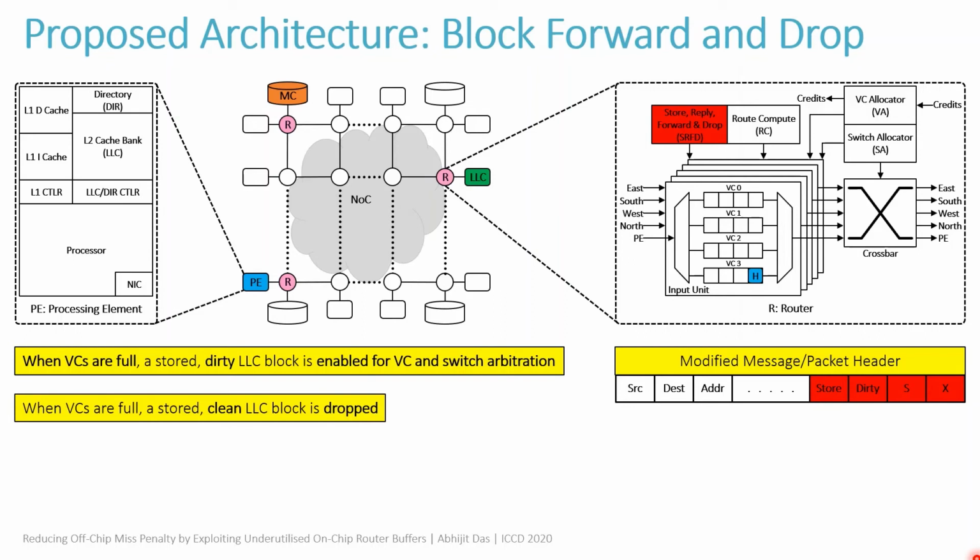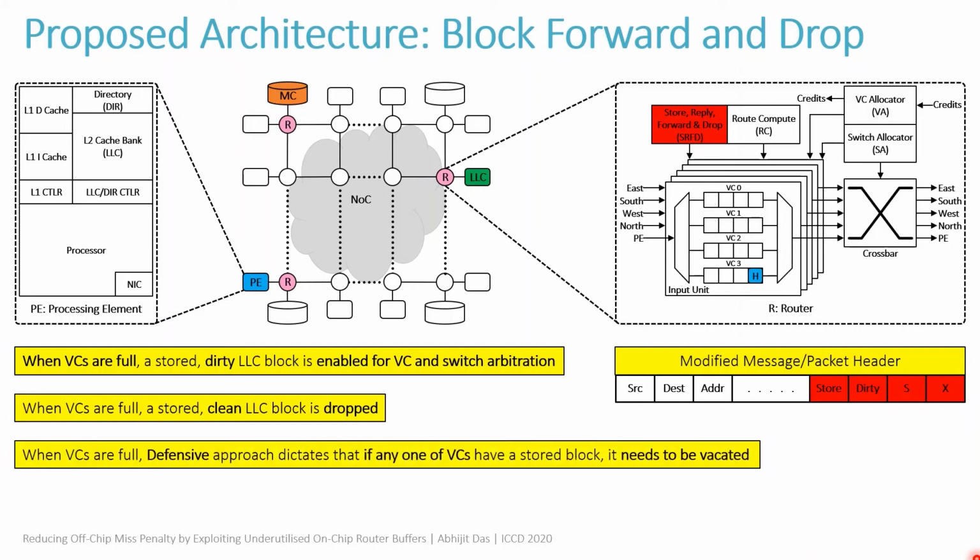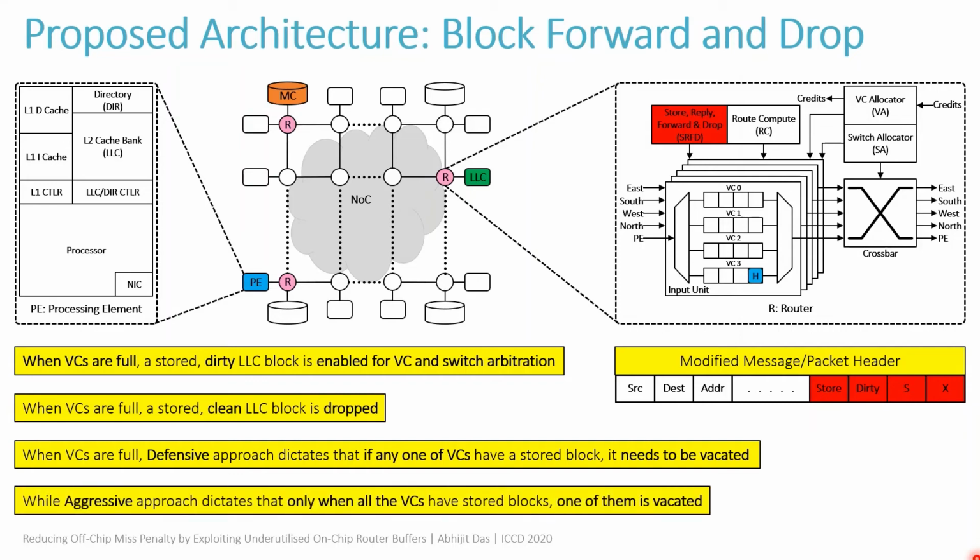We employed two approaches for forwarding and dropping locally stored LLC blocks called defensive and aggressive. When VCs are full, the defensive approach dictates that if any one of the VCs has a stored block, it needs to be vacated. Whereas the aggressive approach dictates that only when all the VCs have stored blocks, one of them is vacated.